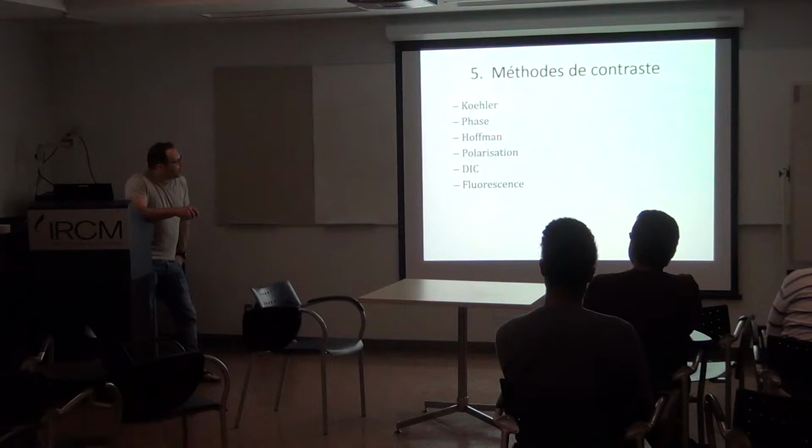There's the Hoffman, which is not really well done, but it's useful and you can get a certain interesting contrast. Polarization uses polarized light, and I'm going to show you this.